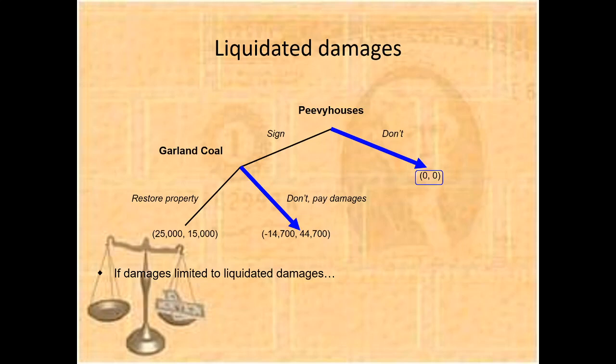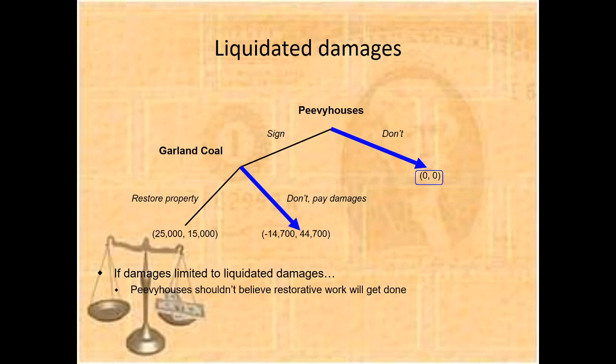Apply a simple trust game, and you will immediately understand that there cannot be any sort of contract between PV House and Garland, because they know that there is a possibility of a breach. So if damage is limited to liquidated damage, that is the $300, then the contract will never even arise from a theoretical point of view.